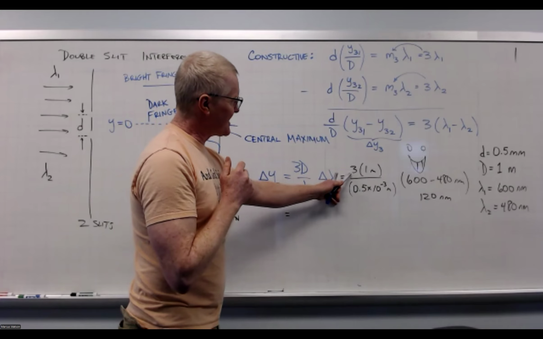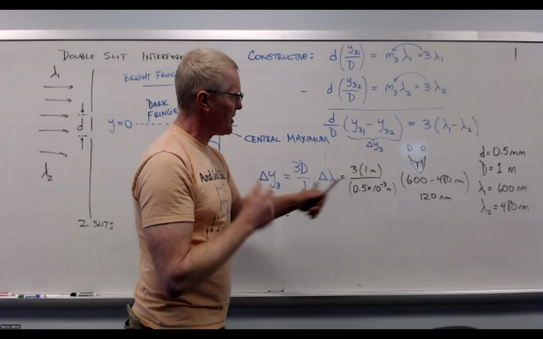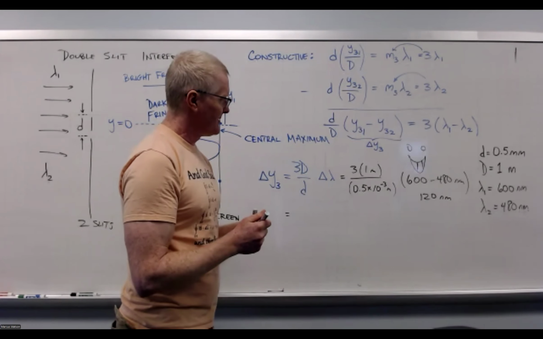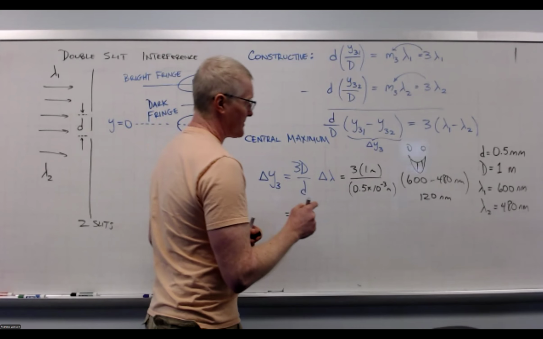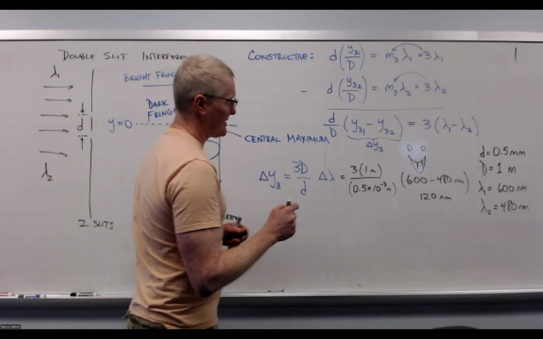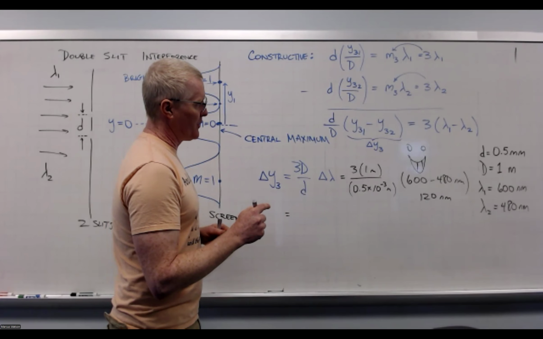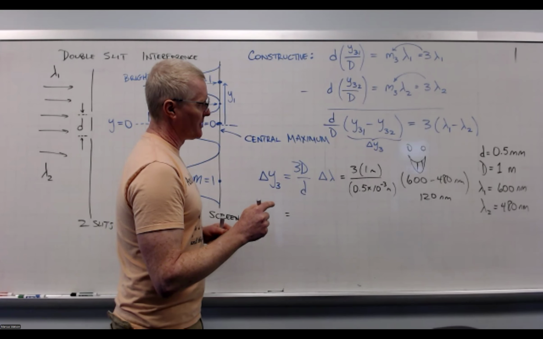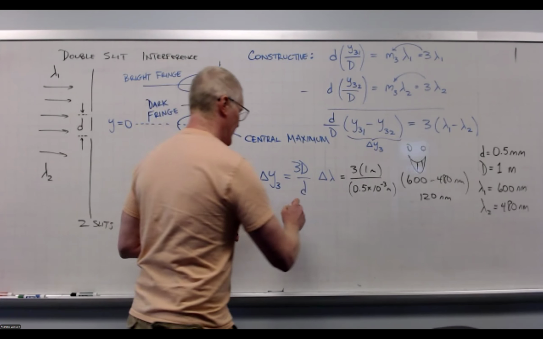So that's become a 6. So this is 6,000 times 120, which would be 72,000, but it's got another 0 on it, so it's 720,000 nanometers.